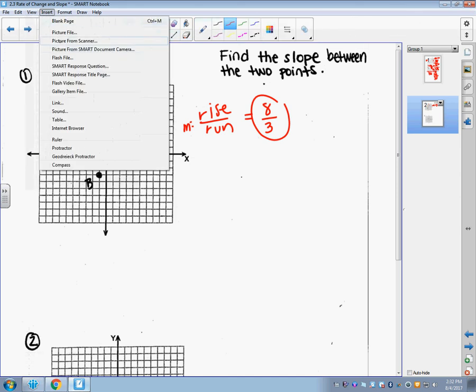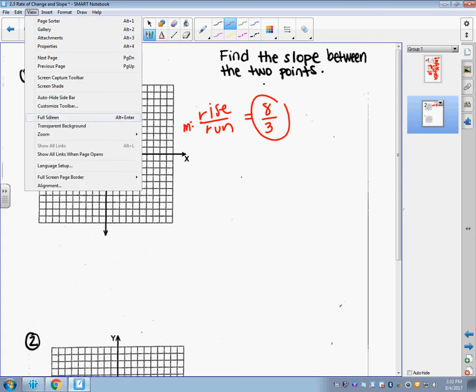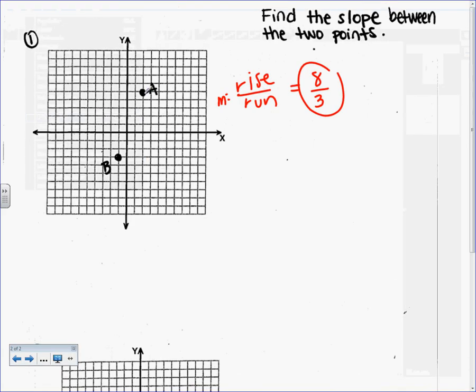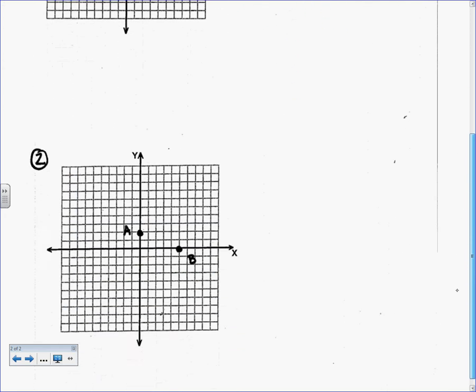So you could have done from A to B. So I'm going to rise down 8 places, and I'm going to run left 3 places. So that's a negative. 2 negatives make a positive. So either way you get the same answer. No big deal. Let's try the next one.